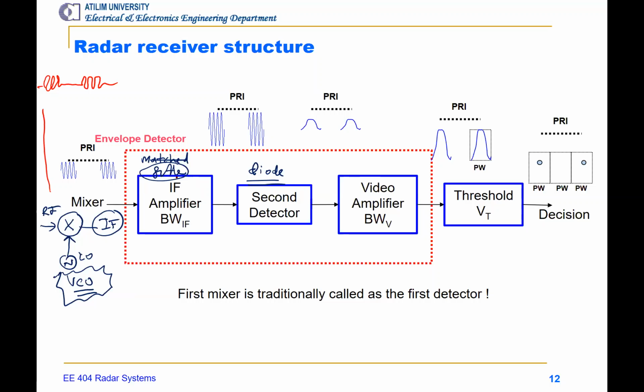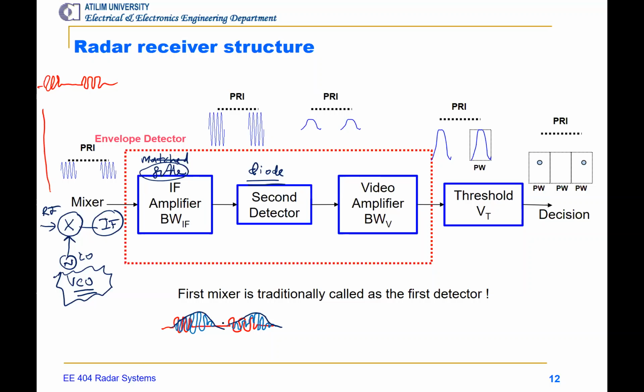So if the input is just a sinusoid like this, the output of this matched filter will be something like this. I will try to draw it, but I may not be correct. Again, a sinusoid, but its envelope, you see, is not constant.